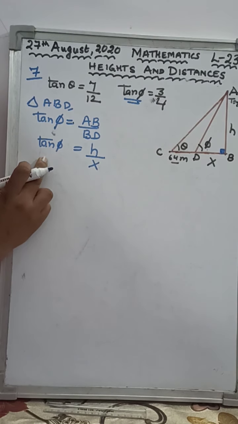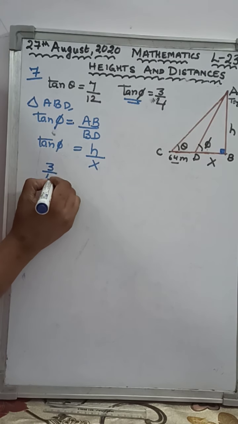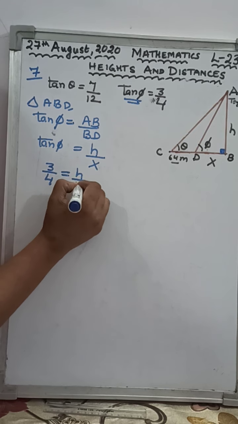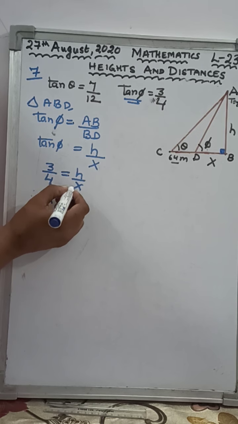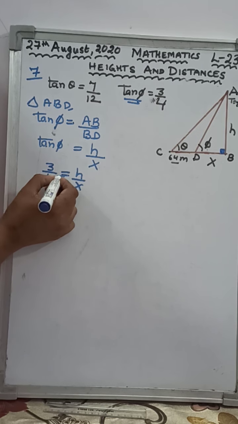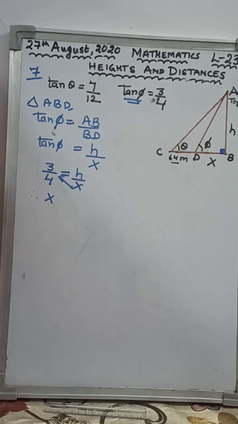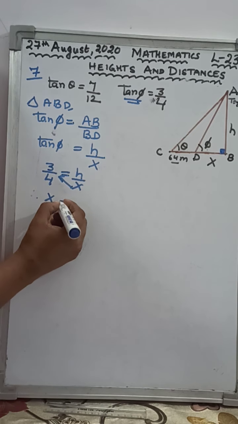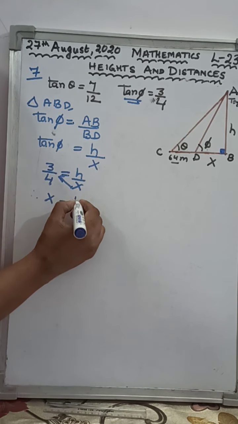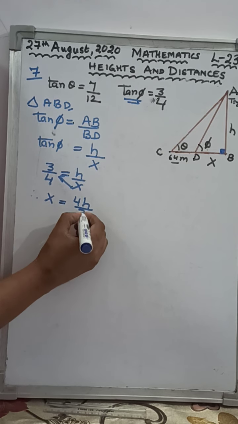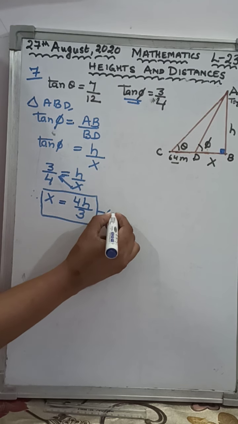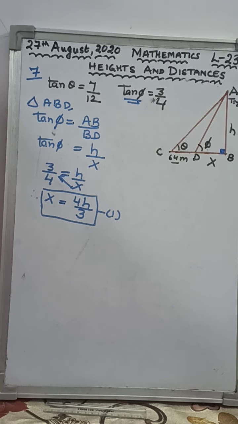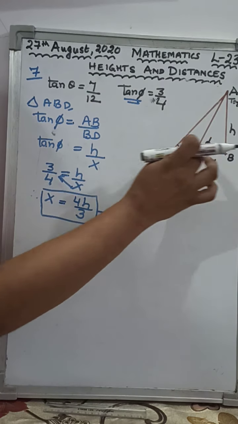So we'll put the value of tan phi over here, that is 3 by 4 is equal to H over X. Therefore X we have to take out. Clear? We have to find the X. So you will take the X on the numerator and everything on the right hand side. So this will be 4H on cross multiplying over 3. So this is a value of x. Name it as equation number 1. Now we will take second triangle. Second triangle is ABC.